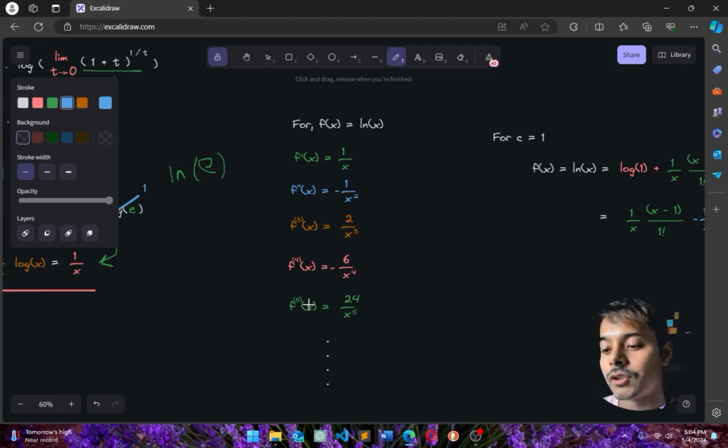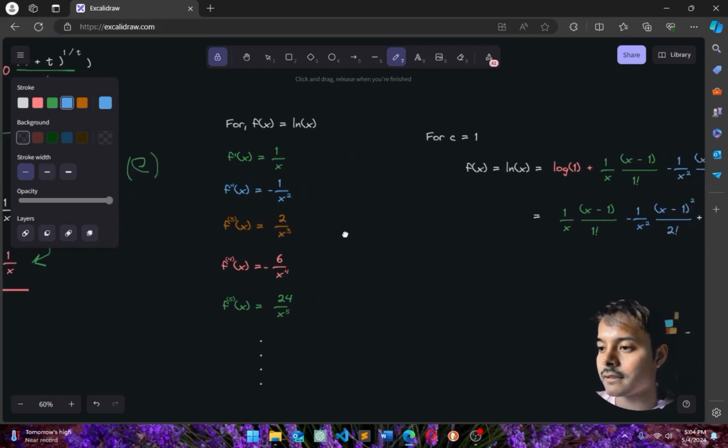The more we extend this expansion series, the more accurate and precise the value of log we get. For the sake of simplicity, we're only going to take the fifth derivative. After we take the derivatives, I don't need to explain them.